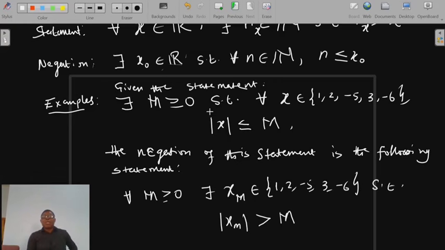This is the negation of the statement above, following the same pattern I've explained earlier: to negate a mathematical statement involving the existential quantifier and the universal quantifier, one needs to change the existential quantifier to the universal quantifier, change the universal quantifier to the existential quantifier, negate any other thing in that statement, and rearrange the statement in order to make meaning.